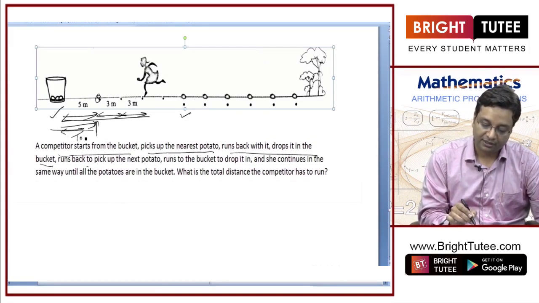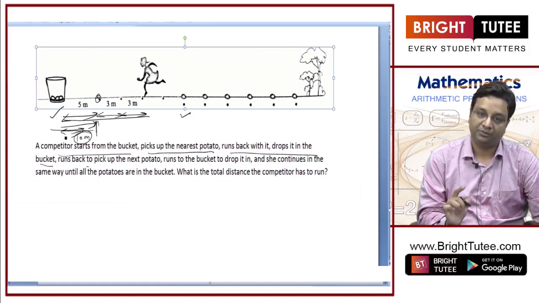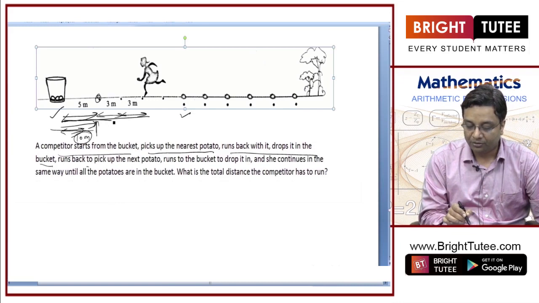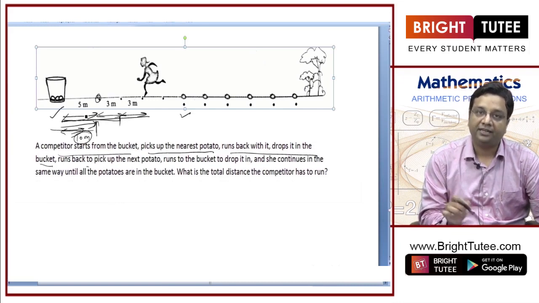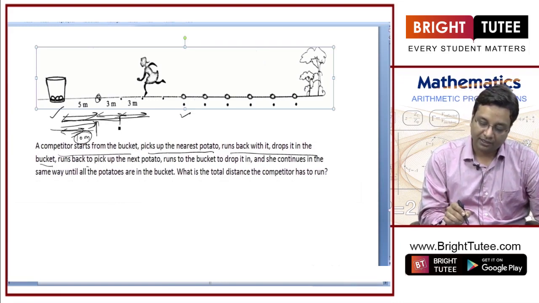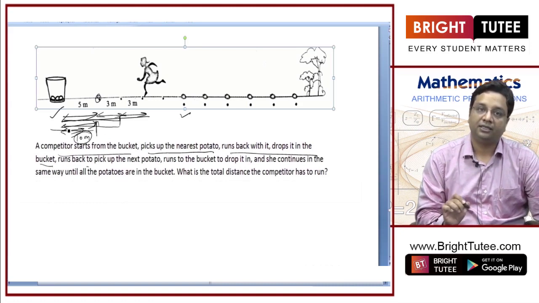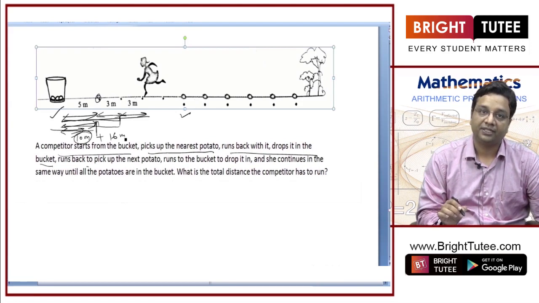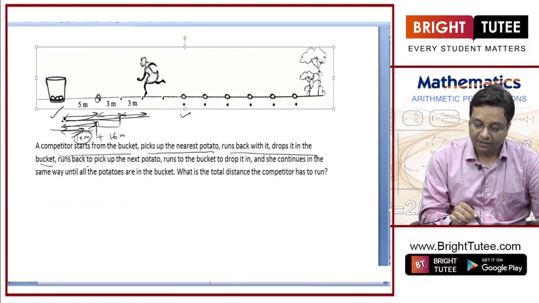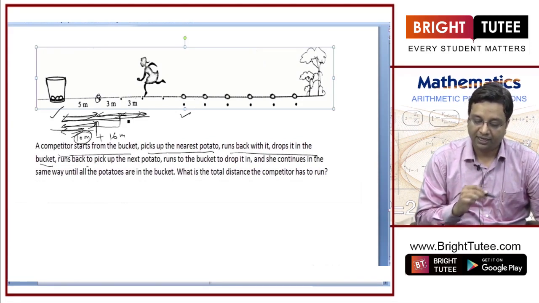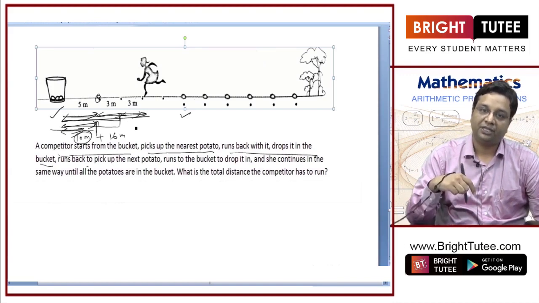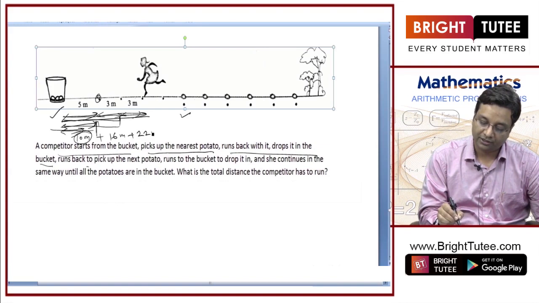So 10 meters he has to travel for the first potato, and for the second one he'll have to come all the way up to this point, which is 8 meters away from the bucket, and then go back 8 meters till the bucket. So it will make it 16 meters distance, right? For the next one, he'll have to travel 11 meters towards its right and then come 11 meters back. So it is 22 meters.